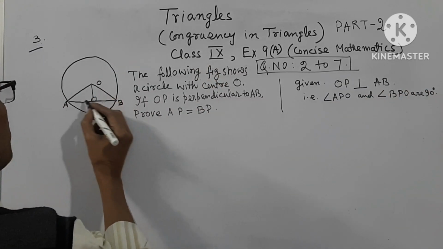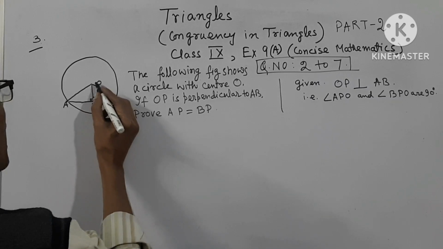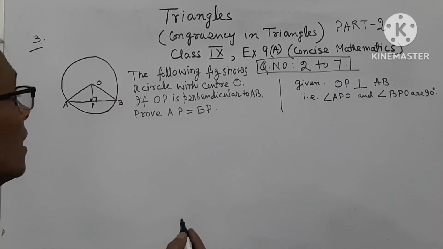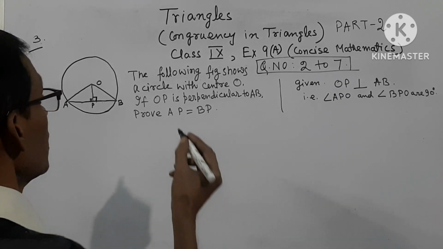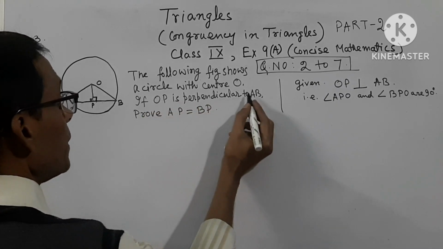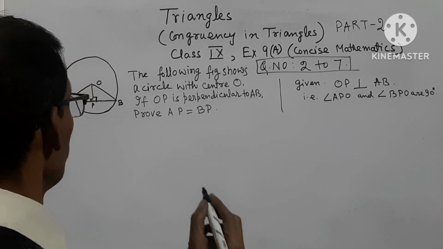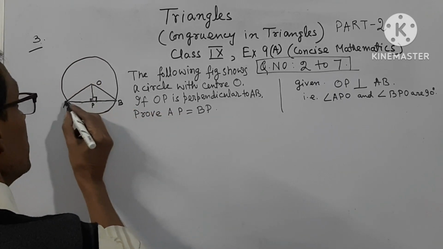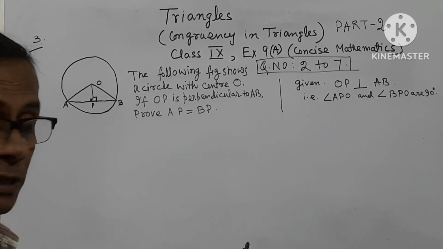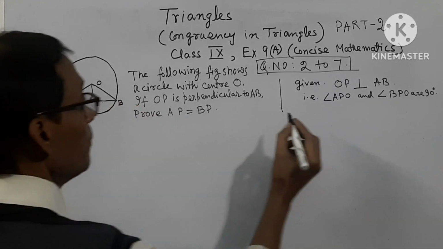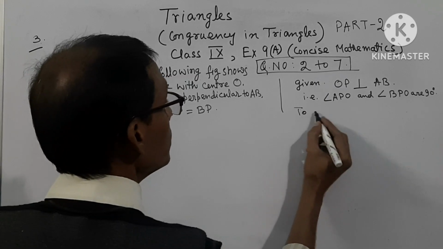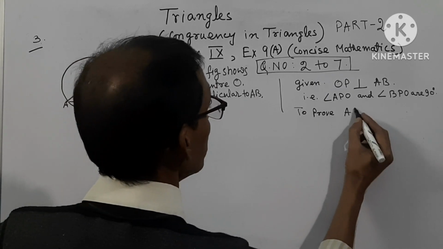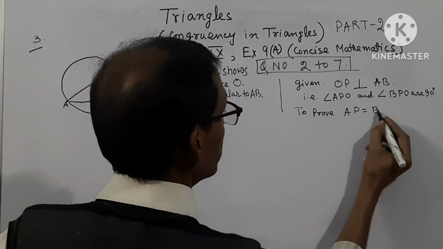Angle APO, this angle, and this angle OPB, they are 90 degree. OP is perpendicular to AB. It is given. And you have to prove that AP equal to BP. That means P is the midpoint of AB, or whatever you can say, AP equal to BP. To prove AP equal to BP.